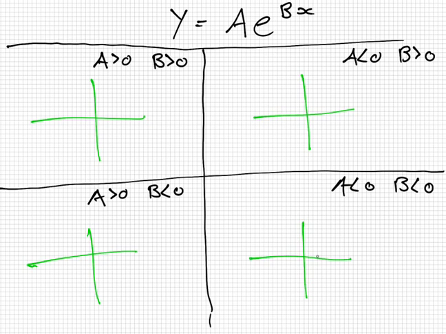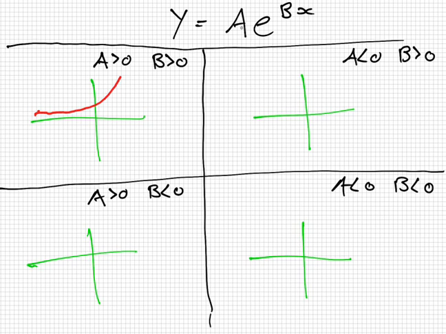They sometimes ask you in the exam to give a quick sketch of these types of graphs. So the first one we just did, if a and b are both positive, like in my last example I had 1e^(1x), so they were both positive, the graph goes up like that.